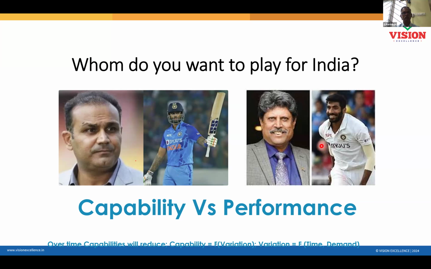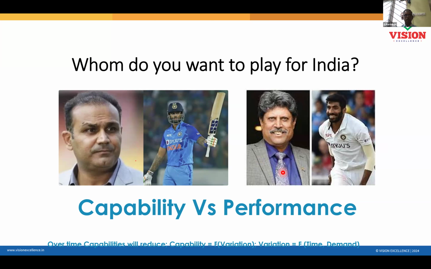Same is the comparison, Kapil Dev and Bumrah. Both are good bowlers, but we need Bumrah to represent the Indian team, not Kapil Dev. So if that is the scenario, all of you should look for a higher Pp Ppk, not just higher Cp Cpk. Do you understand? Agree, all of you? It's not that easy for Kapil Dev to remain fit and bowl at the same speed today.